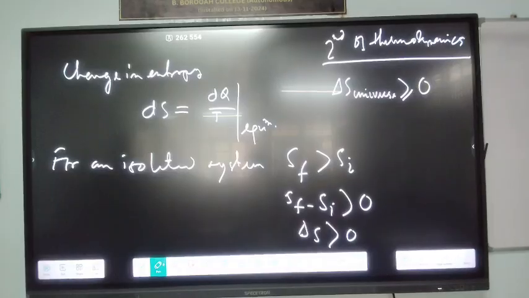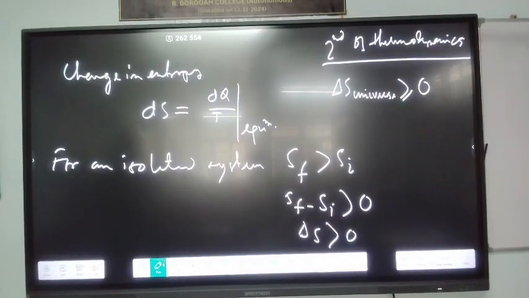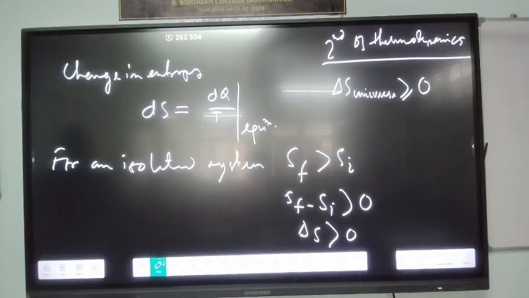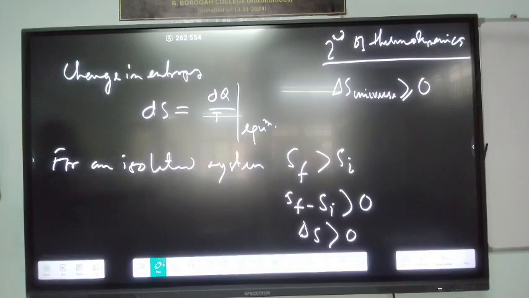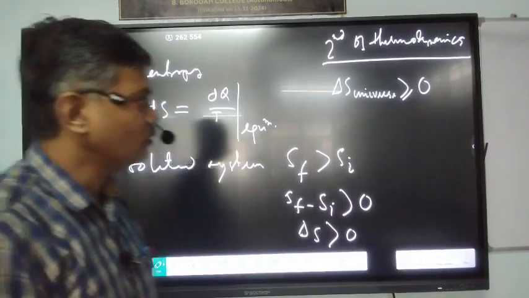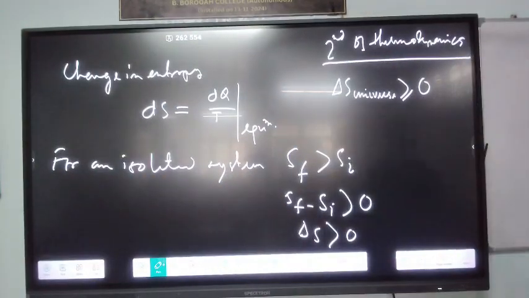That means whenever you go from one state to another state, entropy always increases, or at least it will be equal to 0. So it cannot be less than 0. This is called the second law of thermodynamics, which can be defined in terms of entropy, which says that the change in entropy is always greater than or equal to 0.